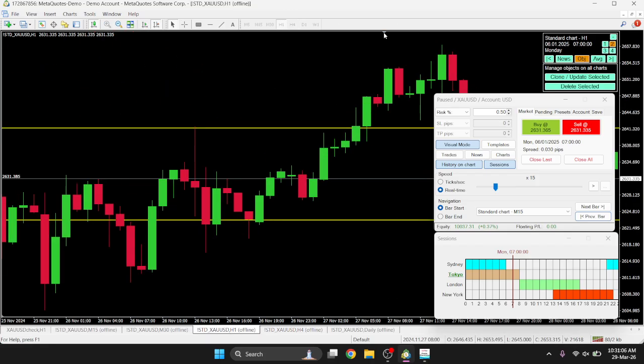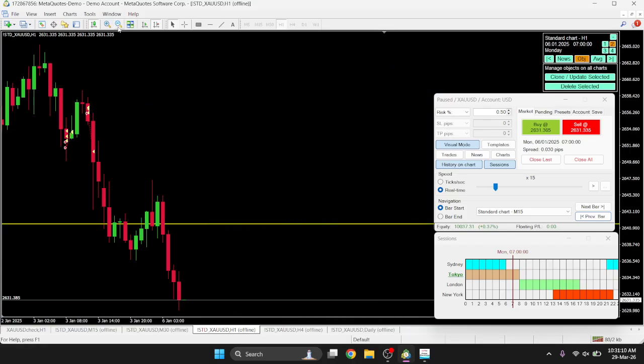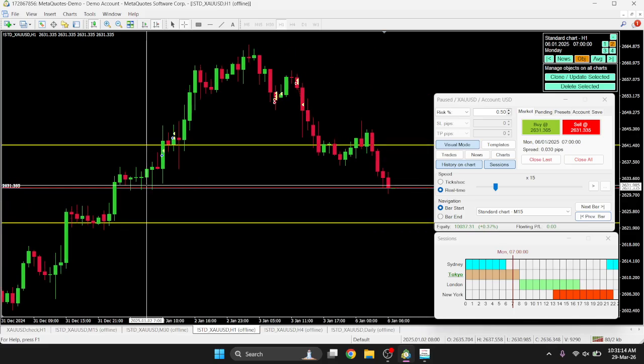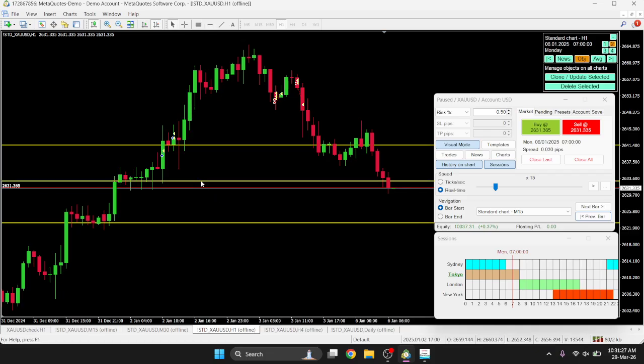In 1 hour there is a support, and this is our next support. This is our daily and 4 hour support, and the daily and 4 hour resistance is this. So this is our 1 hour support.